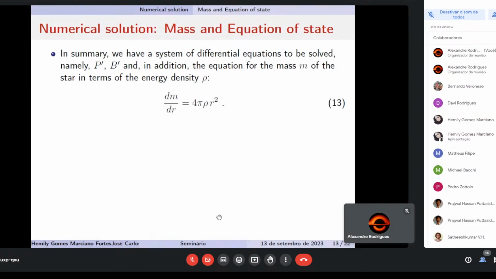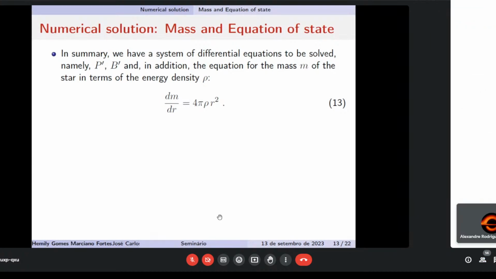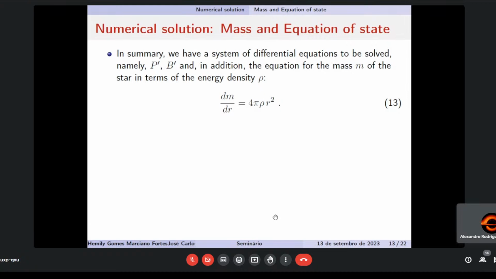So we have the system of differential equations, and we have now to choose an equation of state to describe the neutron star. Additionally to the system of differential equations, we need a form to calculate the mass, because we are interested in the mass of the star specifically.